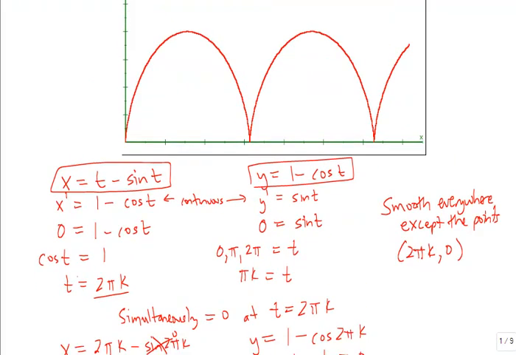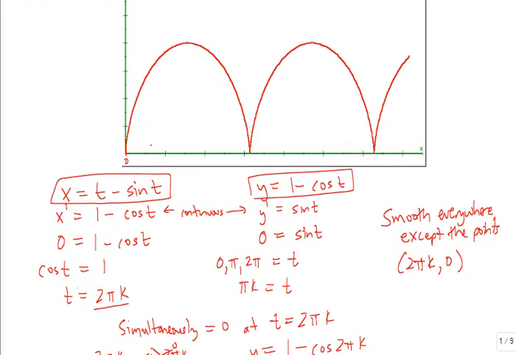If you look at this graph up here, this would be 0, this is 2 pi, this is 4 pi. And so these points right here correspond to these cusps in the graph. And these would not be considered smooth points. Okay?